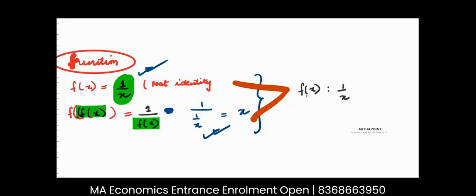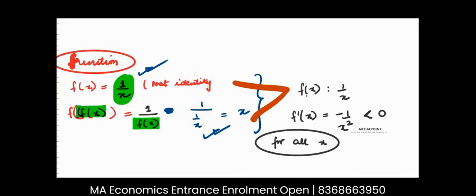If my f of x is 1 by x, I clearly know f dash x will be minus 1 by x square, which is less than 0 for all x. Whether x is negative or positive, it is always less than 0, which means it is a strictly decreasing function.